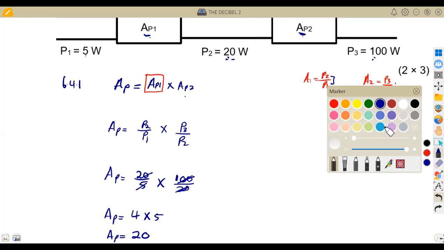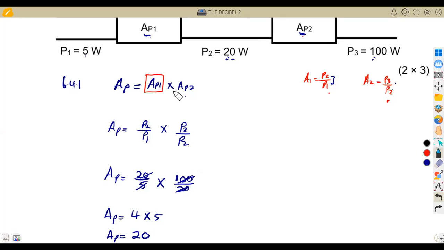which means if you wanted to use that formula of multiplying the gains, you calculate your gain 1, which is P2 over P1, 20 over 5, you're going to get a 4. That's your gain 1. You move on to gain 2, you do the same, P3 over P2, which is 100 over 20. So our gain 2 is going to be a 5.